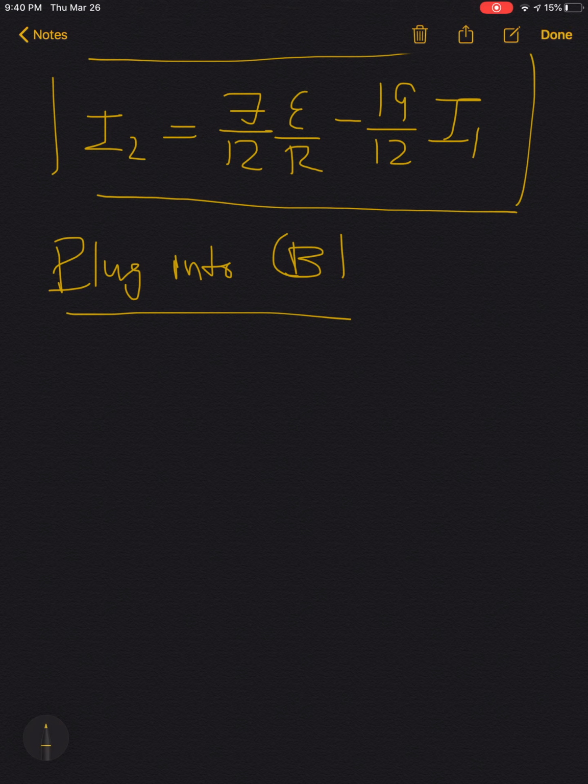And what that means is that we're going to have 7E over R. This is just equation B: 6I1 plus 13I2. But now I'm going to plug in what I2 was.